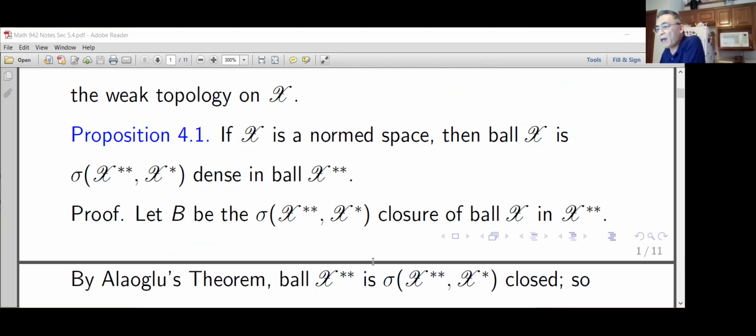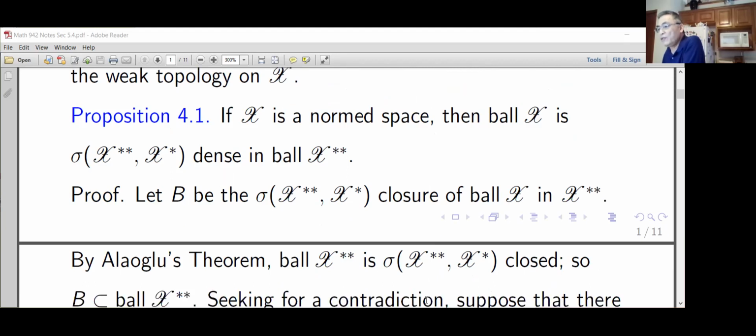Okay, by the Alaoglu theorem, this ball of X double star is closed in this topology, because this ball is compact in this topology, so it is closed. And B is the closure of this set.